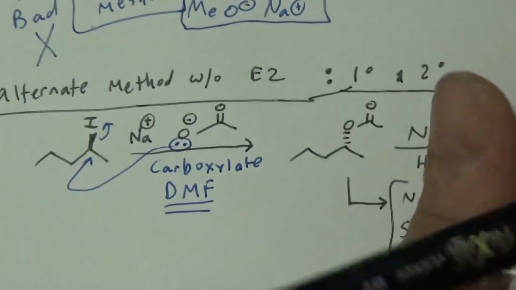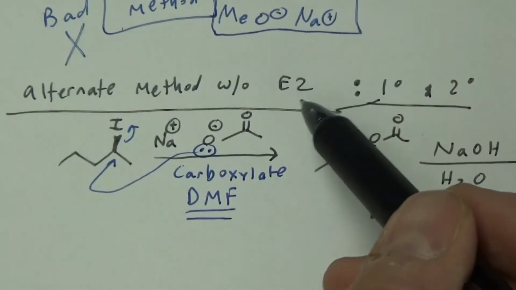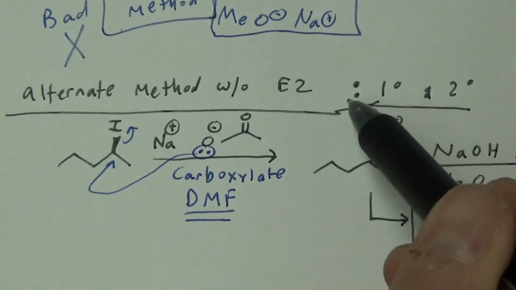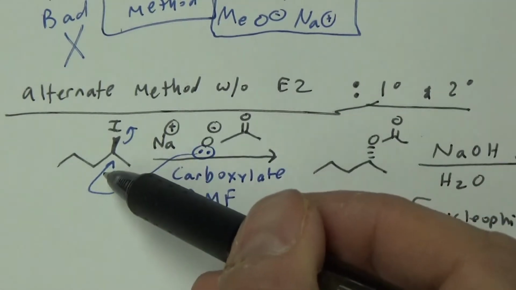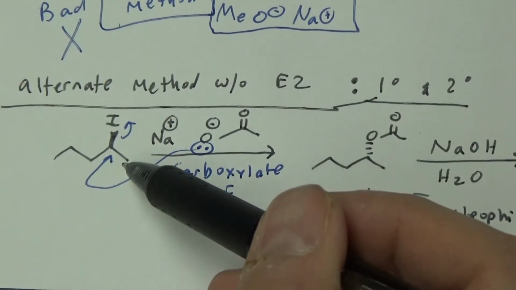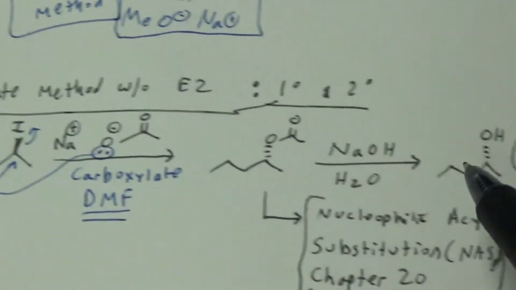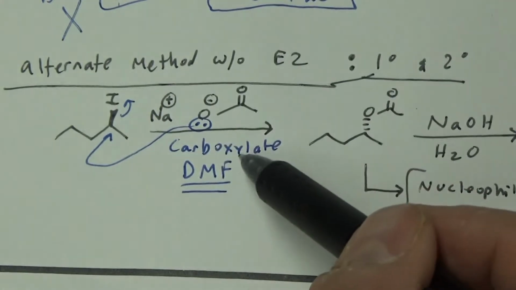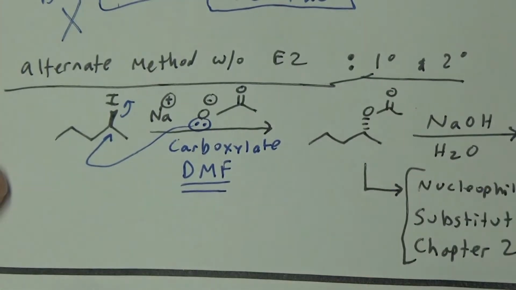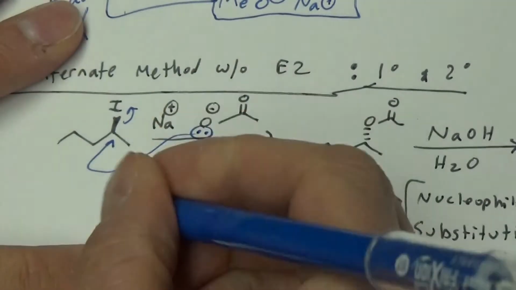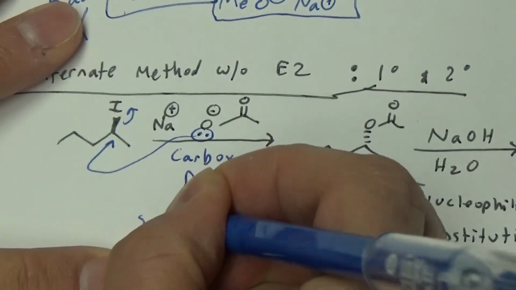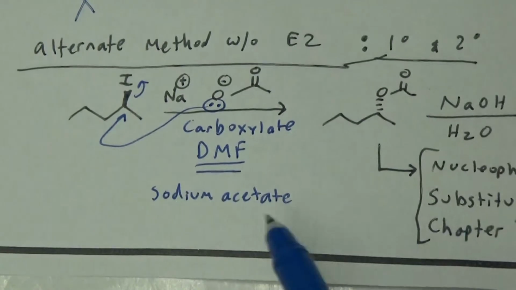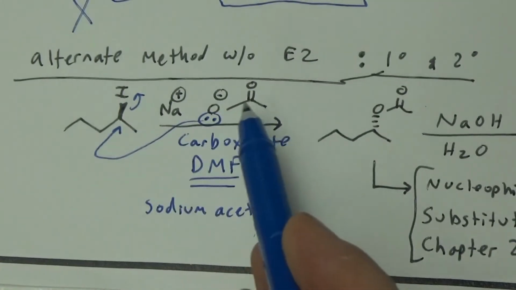Basic point though, if you want to convert a primary or secondary halide, or mesylate, or triflate, or tosylate to the alcohol, you first do an SN2 with this stuff. It's a carboxylate. Another name for this one is sodium acetate. That's the full name of the molecule, sodium acetate.